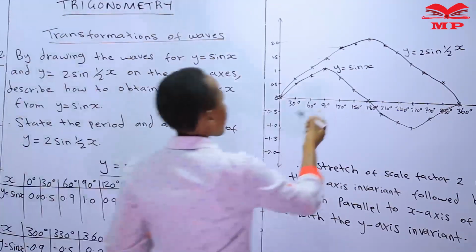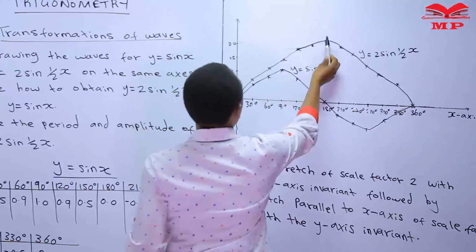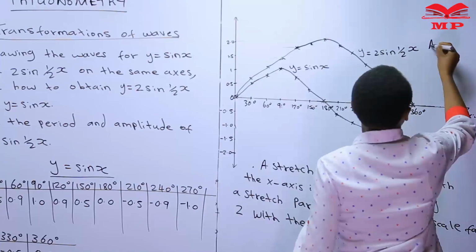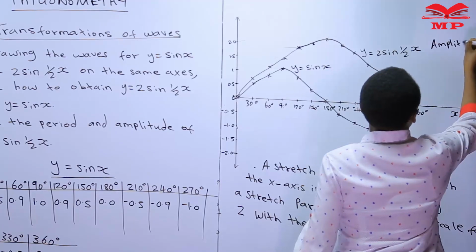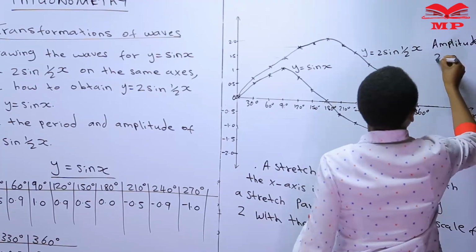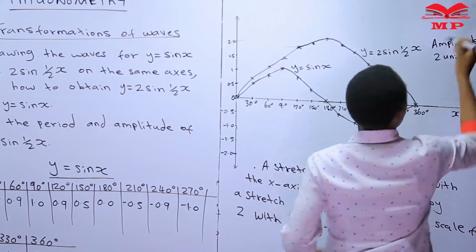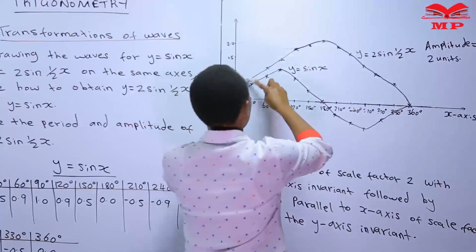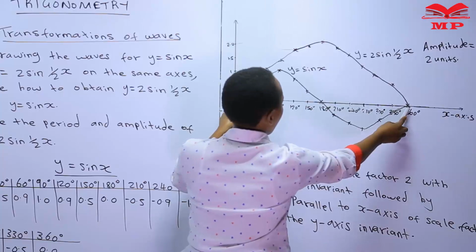In this we can see the amplitude, the maximum displacement, which is 2. So the amplitude for this wave is equal to 2 units. Then we've also been asked about the period. In this we can see we only have half of the oscillation.